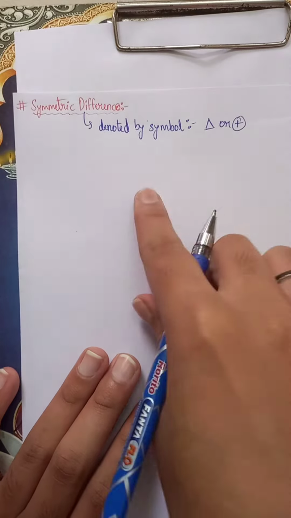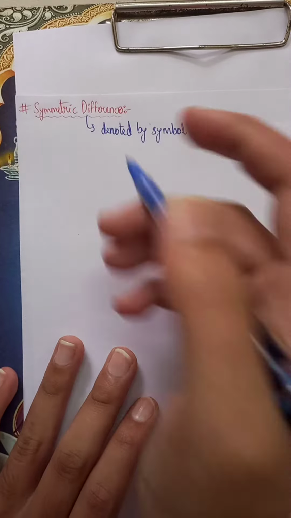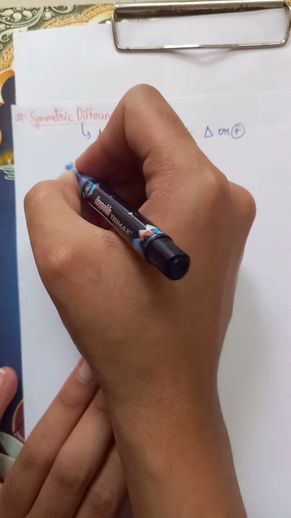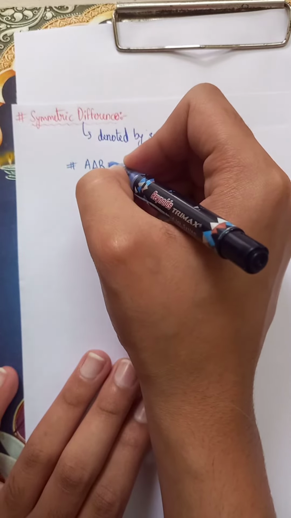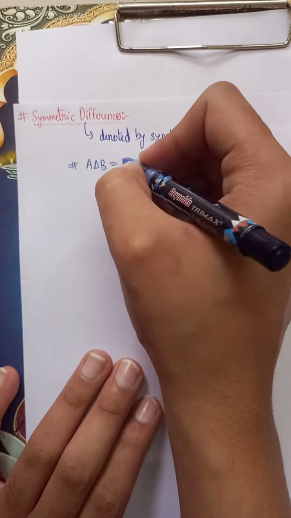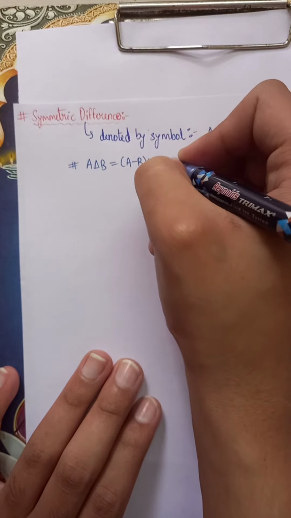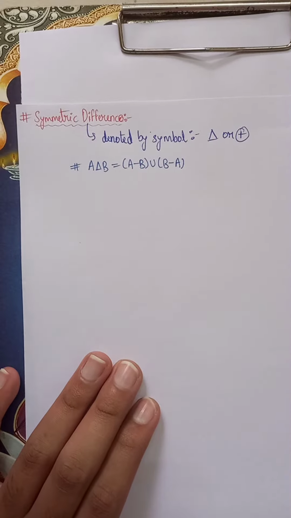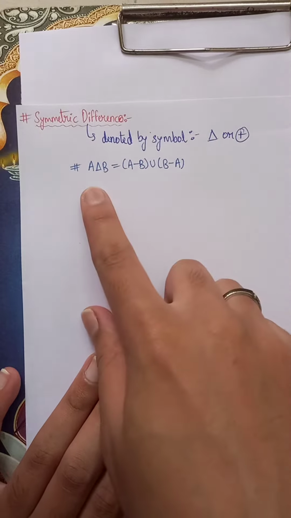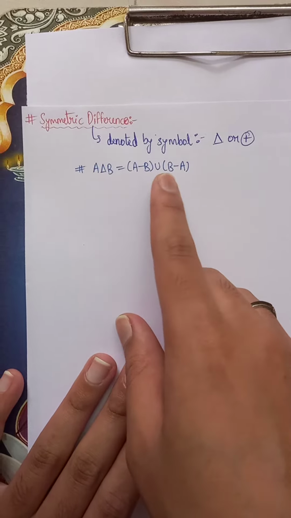So what does symmetric difference tell? A triangle B is equal to A minus B union B minus A. So the symmetric difference between A and B is equal to A minus B union B minus A.